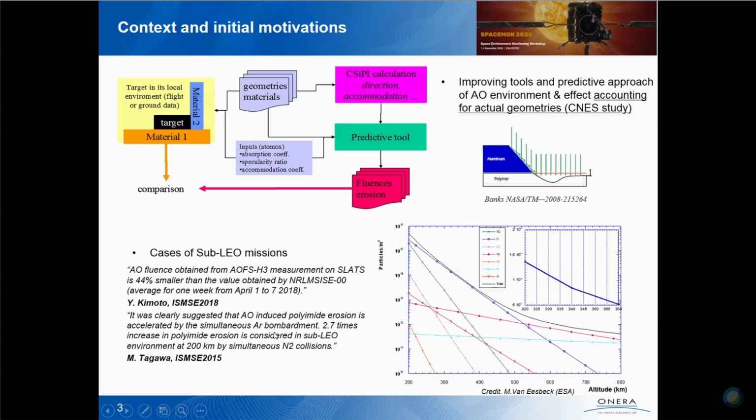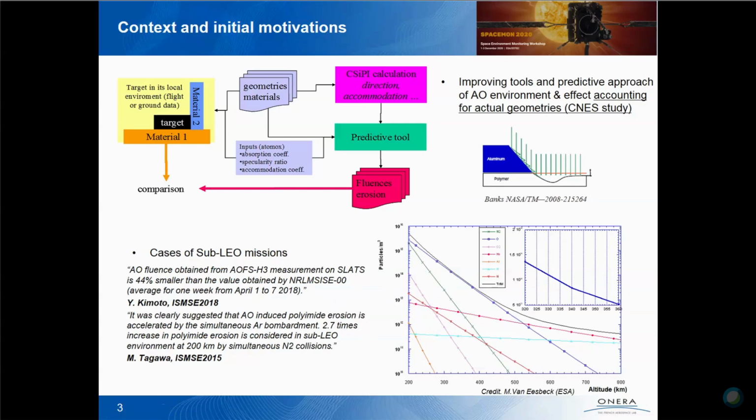Here again, in a worst case flux condition, it was observed at ground that there is a very strong increase of polyimide erosion, with a factor of about 3 due to this synergetic effect.